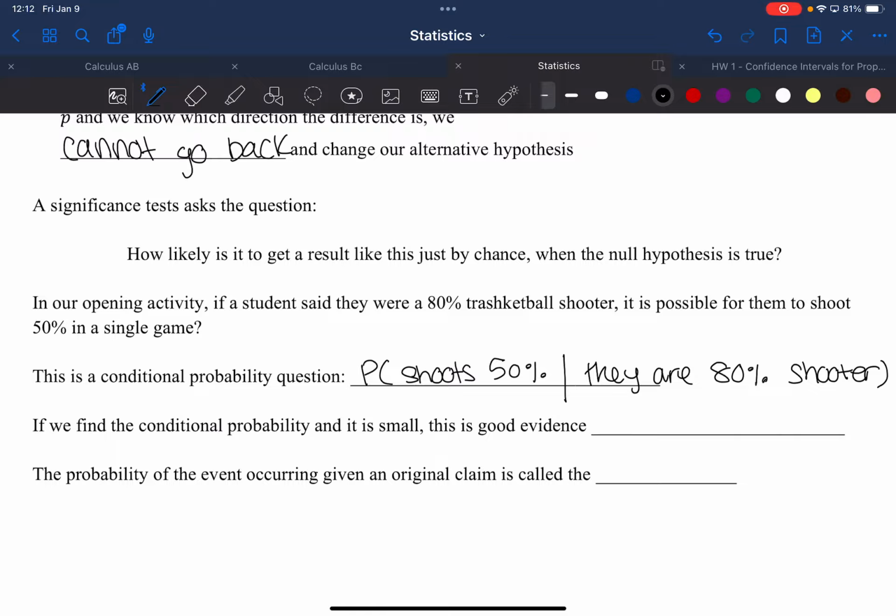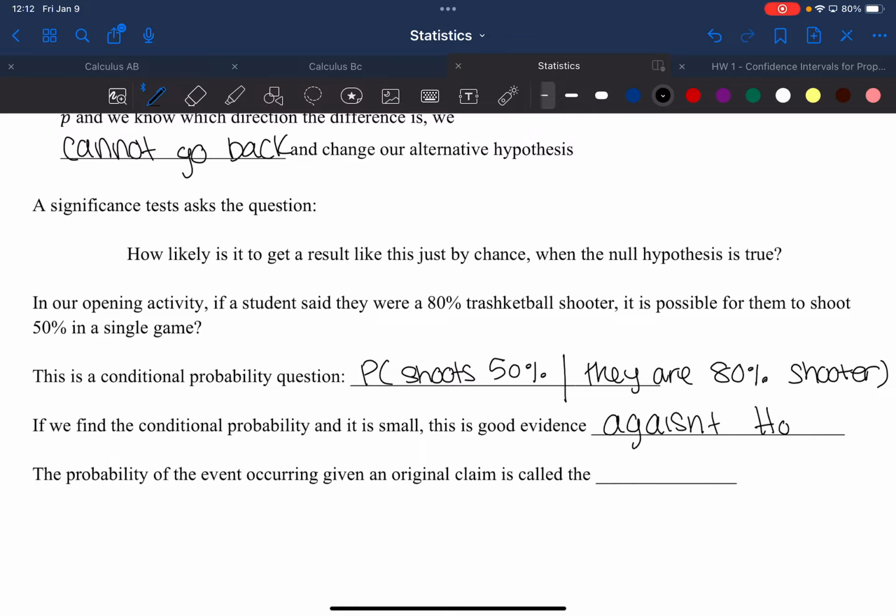That is the probability that they're going to shoot 50% in a single game, given that typically they are an 80% basketball shooter. If we find the conditional probability and it is small, this is good evidence against the null hypothesis.